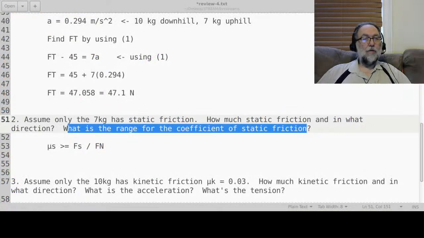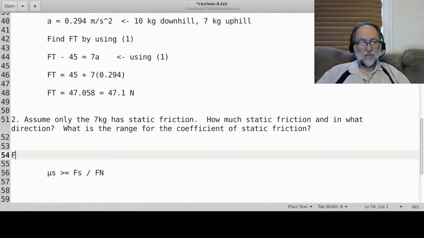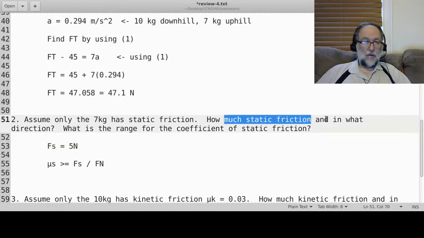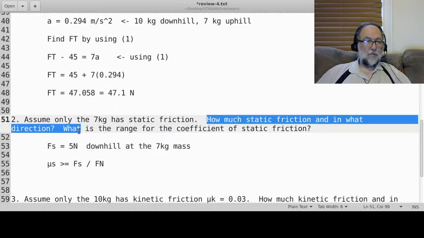So over here, we can write down that the force of static friction has to equal 5 newtons, because a is equal to 0. And the direction, because I asked not only how much static friction but in what direction, it's downhill at the 7 kilogram mass. So that answers this part right here.